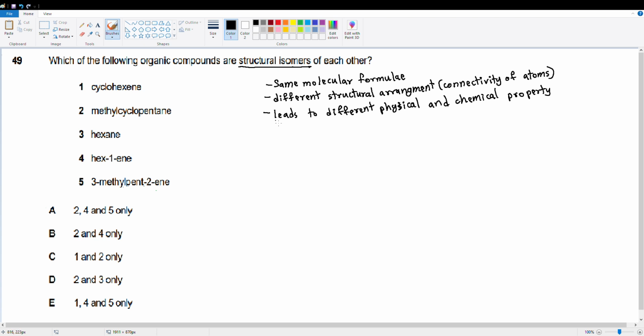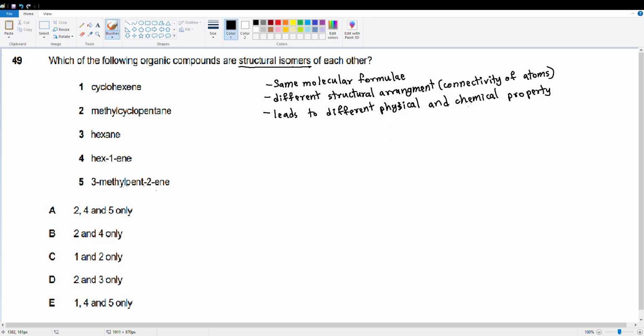And the third one: due to different structural arrangement, this leads to different physical and chemical properties. Physical properties would be like different melting point, boiling point, and states of matter. They may appear liquid or gas at room temperature due to the interactive forces between the molecules.